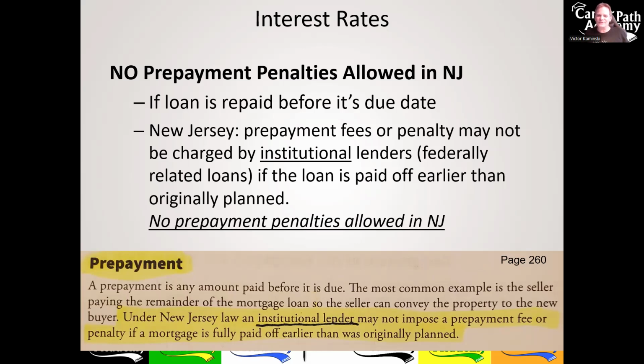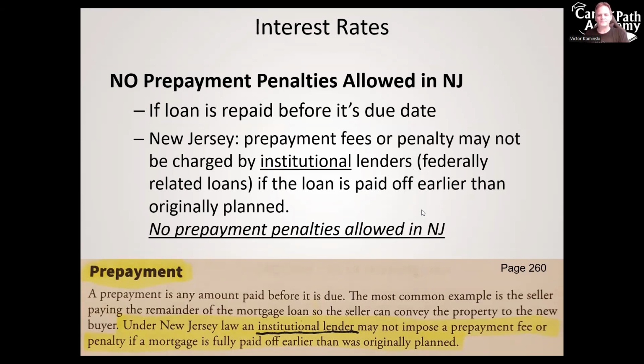It was a commercial loan. So what they did is they delayed the closing for 3 months, so they didn't have to pay that $75,000 prepayment fee or penalty. $75,000. Holy shit. All right, so no prepayment penalties allowed in New Jersey. That's what you should study and know for exams.